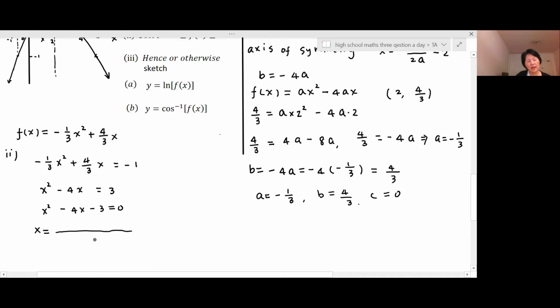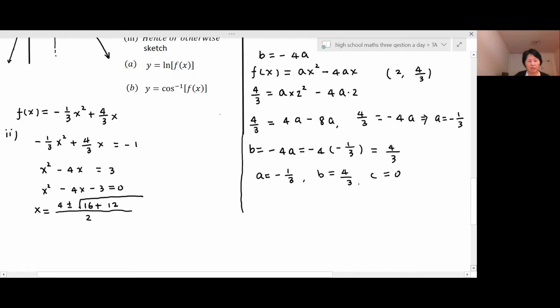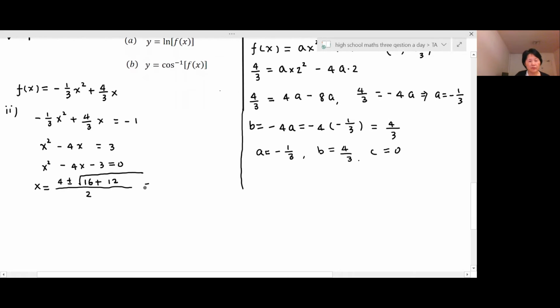Okay, find the x. So x will be equal to, using the quadratic formula, 4 plus or minus the square root of 4 squared, 16, minus 4ac, which means plus 12, over 2. Then equal to 4 plus or minus root 28 over 2, and root 28 is 2 root 7.